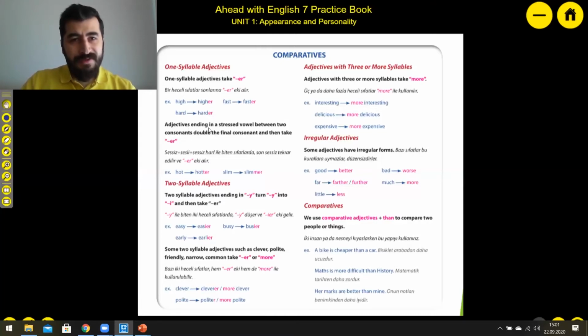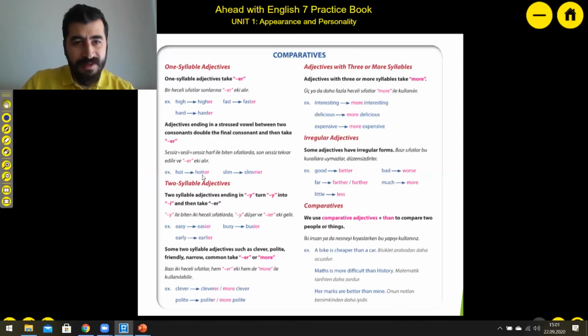If adjectives end in a stressed vowel between two consonants, what's that? Two consonants, H and T. There is one vowel here, hot. Look at that. Consonant, vowel, consonant. So, hot, if we add the ER suffix, we say hotter.